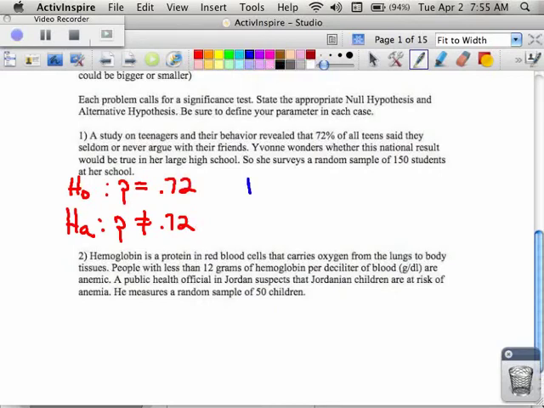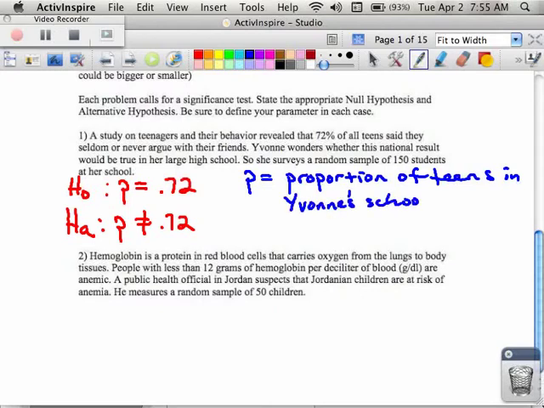So off to the side here, we will say that P is equal to the proportion of teens in Yvonne's school who seldom or never argue with their friends.